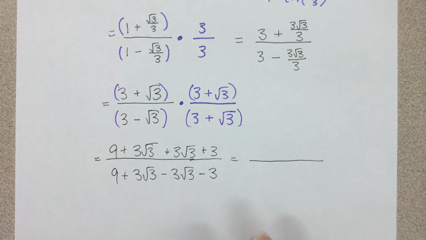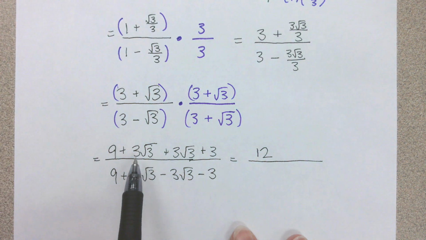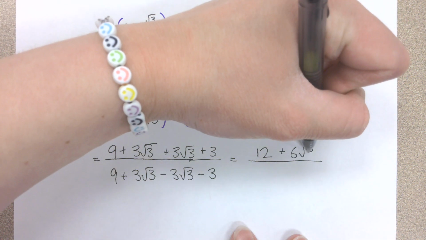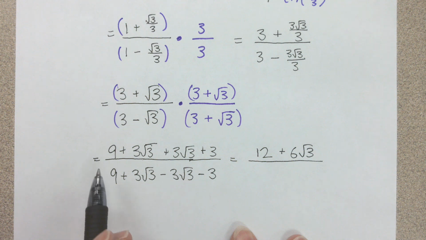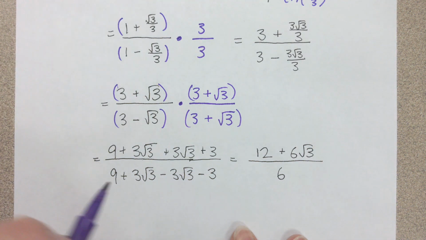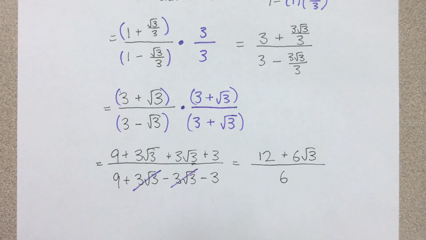Combining like terms on the top, 9 plus 3, that's 12. And then 3 rad 3 plus 3 rad 3, again, just add the numbers in front. That's 6 rad 3. On the bottom, 9 minus 3 is 6. And then the positive 3 rad 3 and negative 3 rad 3 will cancel each other out as they are supposed to. Again, if they don't at this point, then a mistake has been made.